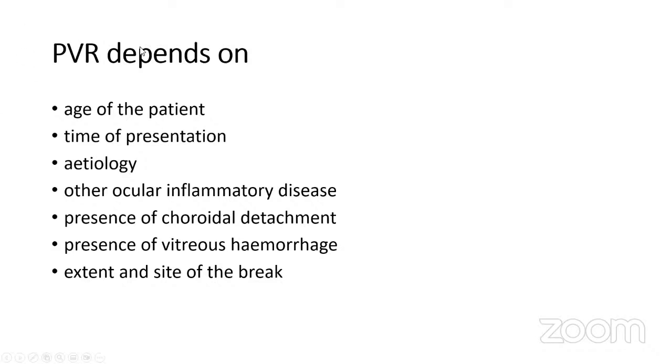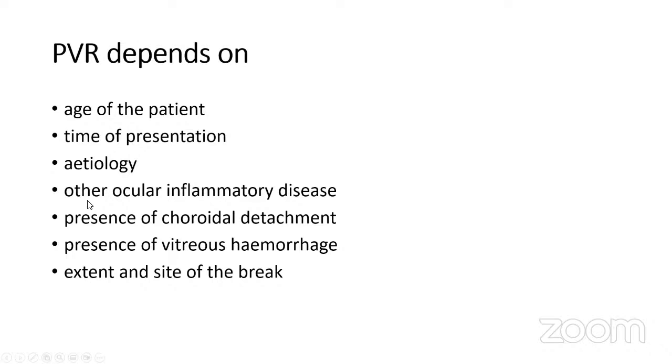PVR formation is based on the age of the patient, which is why pediatric patients are more prone to develop PVR. Regarding the time of presentation, if they present late, most of the time PVR is already present. In trauma cases, they are more likely to develop PVR.